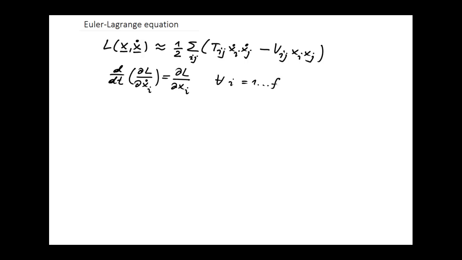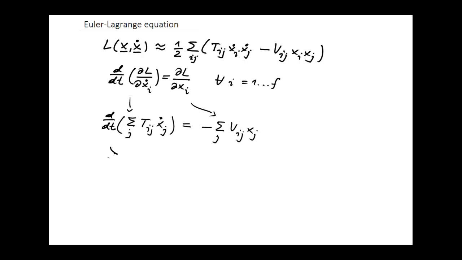When you insert the quadratic form of the Lagrange function, then on the left-hand side, you obtain d over dt, and the partial reads sum over j, Tij xj dot. And on the right-hand side, you obtain minus the sum over j, Vij xj. You can write this in compact matrix notation.